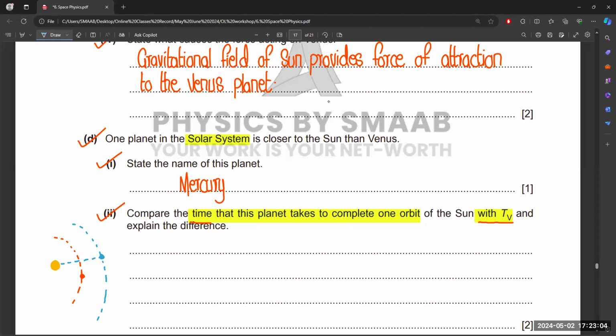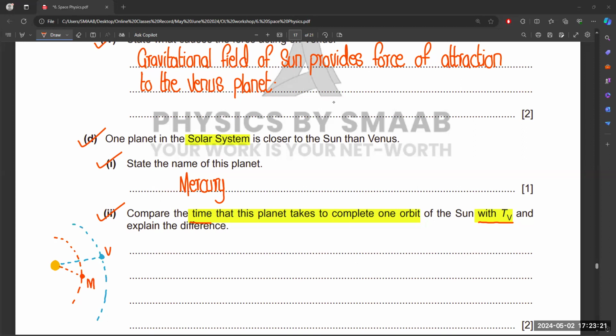So the radius of Mercury is less than the radius of Venus. And according to the formula of orbital speed, time taken is less as the circumference of the orbit is smaller, right?